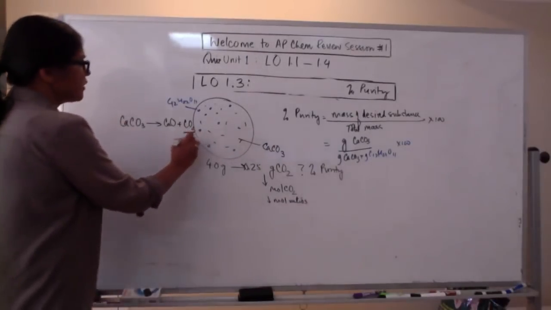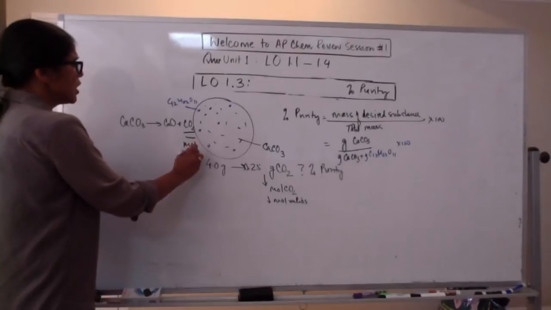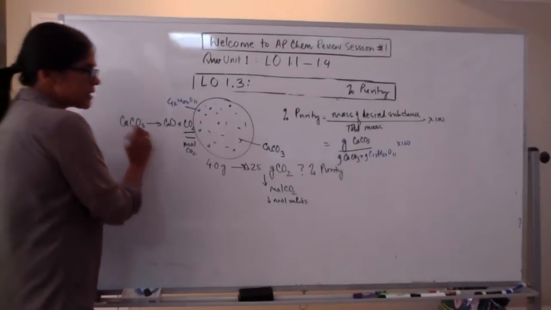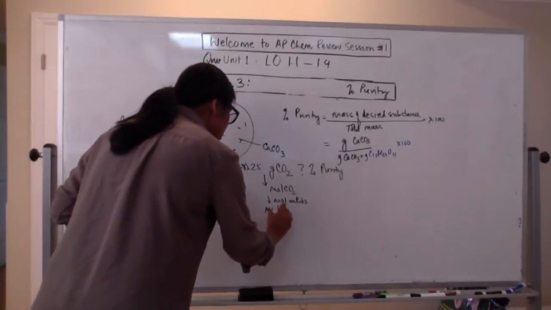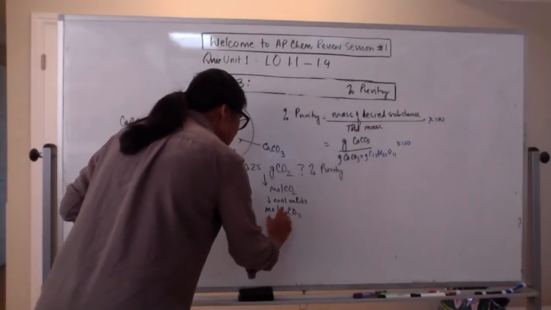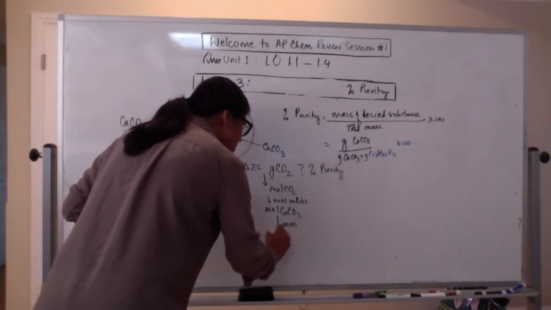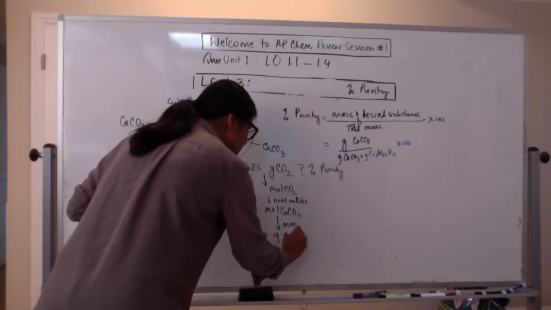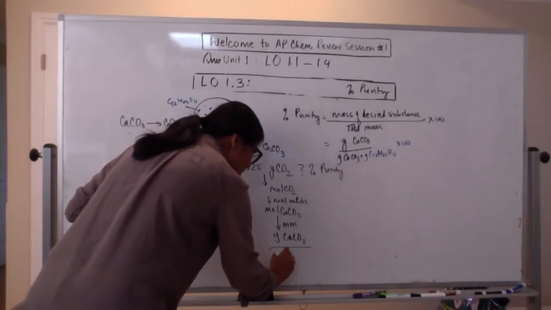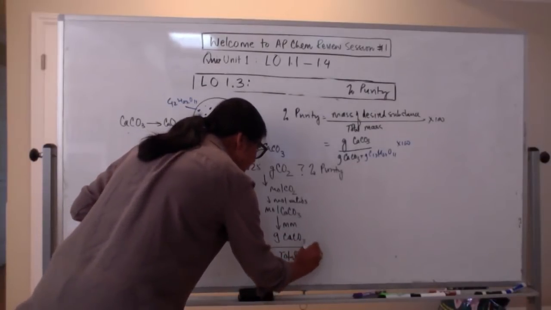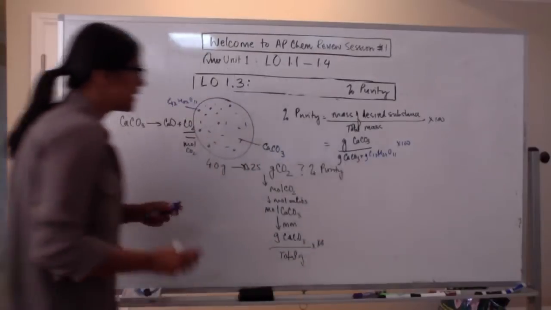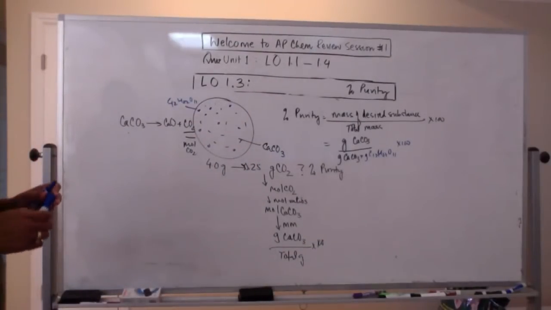Using this ratio, if you know moles of CO2, it will be the same moles of calcium carbonate. Then you get moles of CaCO3. Then using molar mass, you can get grams of CaCO3, divide by total grams times 100, and that will be the percent purity.